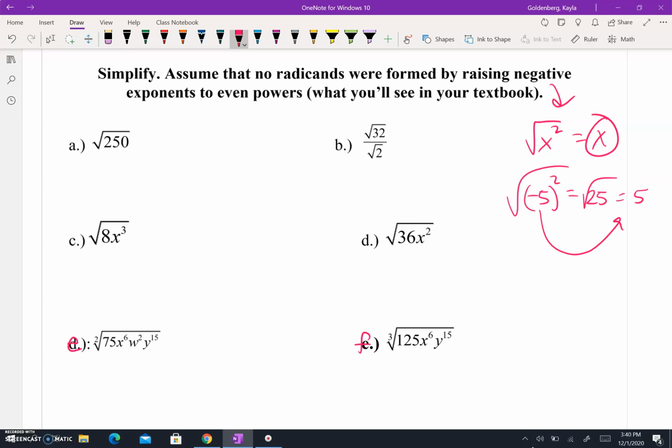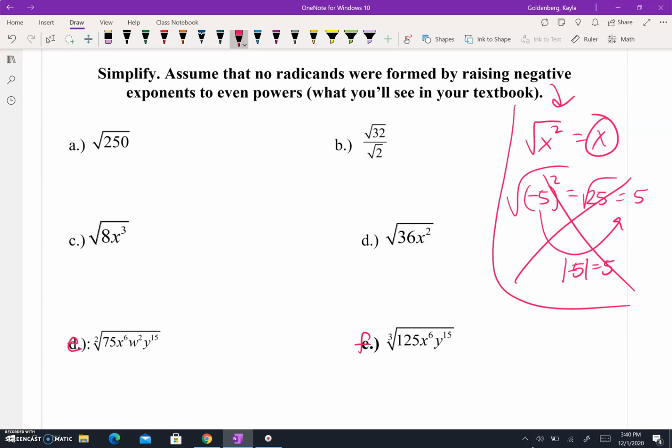So notice sometimes it's not the original x, it's like the absolute value of that -5. So sometimes you get weird stuff like that. We're just assuming, don't let the weird stuff happen. So we're assuming that the square root of x squared is x. We're assuming that there's no funny business with negative signs. So kind of put that off of your mind.